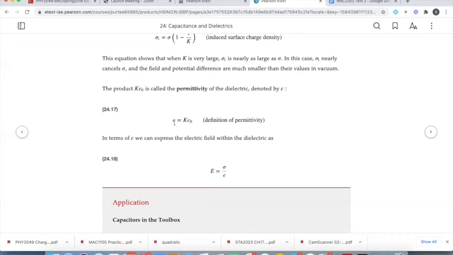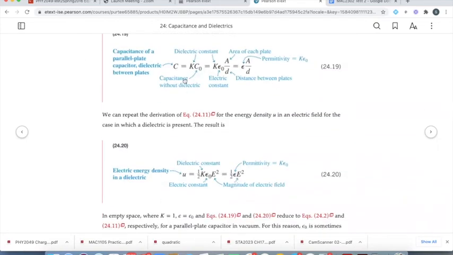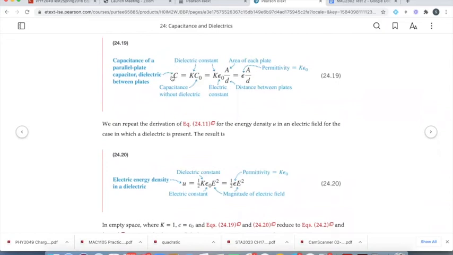That's material specific. And it's just K, or kappa sometimes, times epsilon naught. And we get this new capacitance, which is our new, instead of A epsilon naught over D, we get A epsilon over D. We've modified the capacitance of our capacitor by shoving this dielectric in there. We make it much more capacitive.